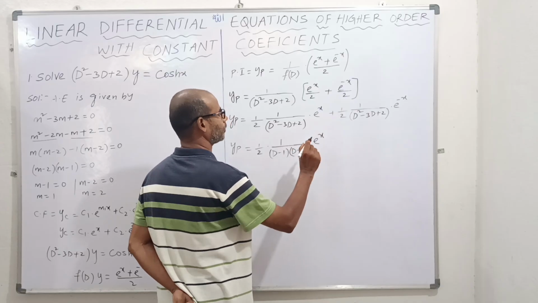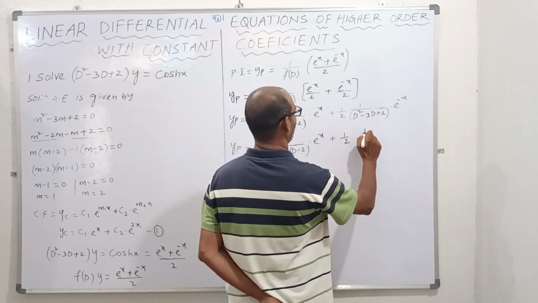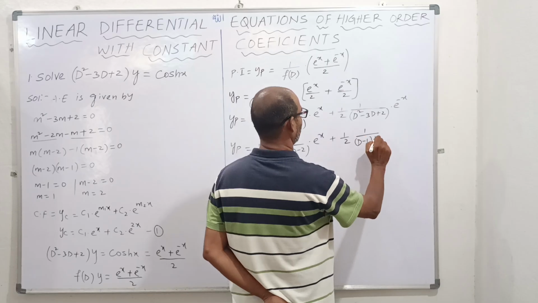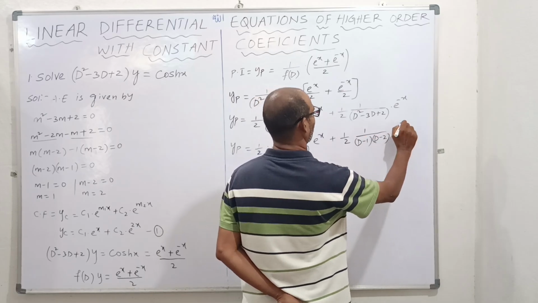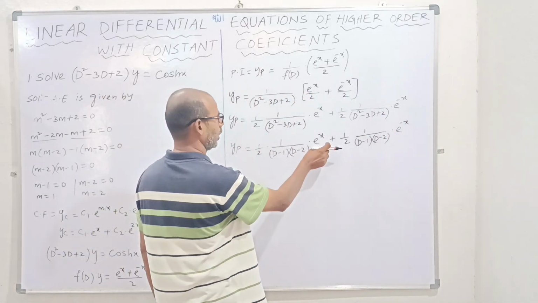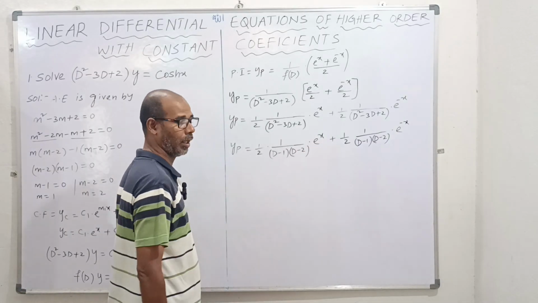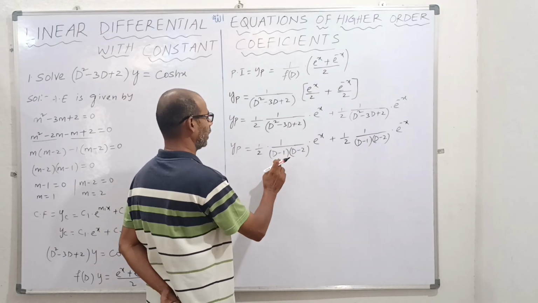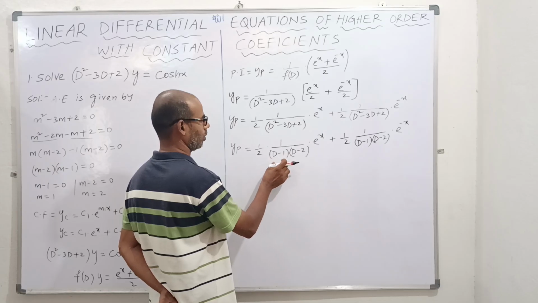E power x plus 1 by 2 into 1 upon D minus 1 into D minus 2 into e power minus x. Now what is a here? The coefficient of x in e power x. So a is 1. If I put D equals 1 here, the denominator becomes 0.